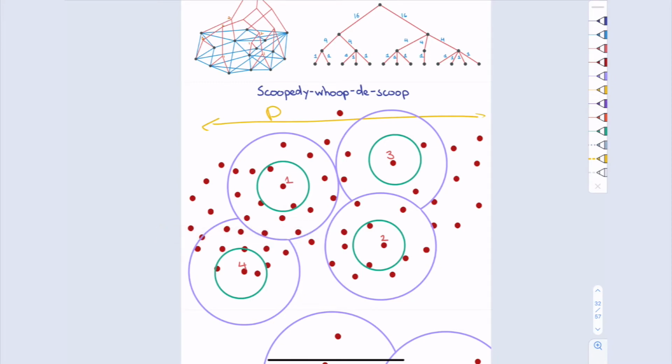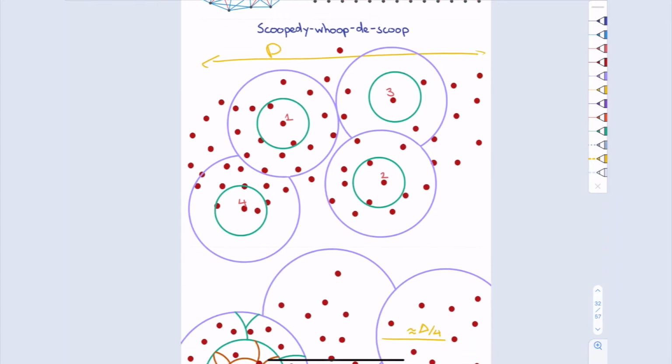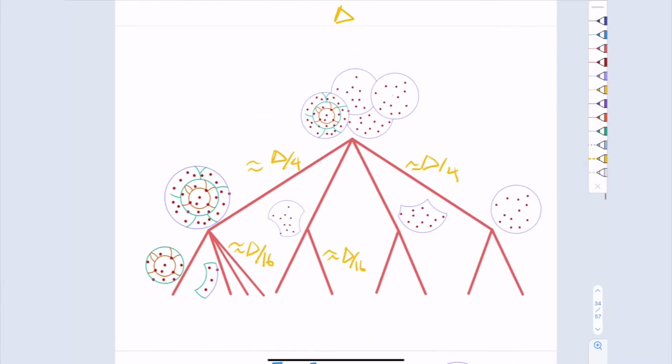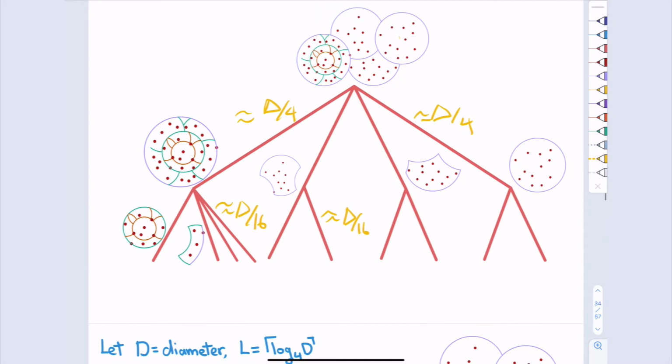And so you keep repeating the scooping procedure until at the end the radius is very close to 0 and all the points are just by themselves in little circles. Okay, so you'll end up creating all these layers. Maybe something like this. And we're going to use that and use those pieces to arrange it in a tree.